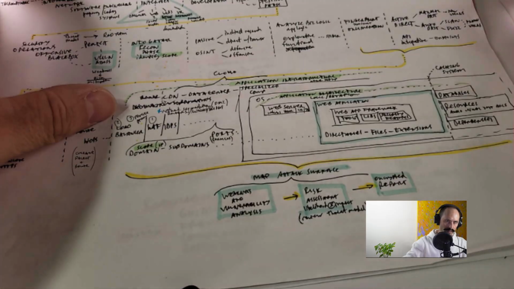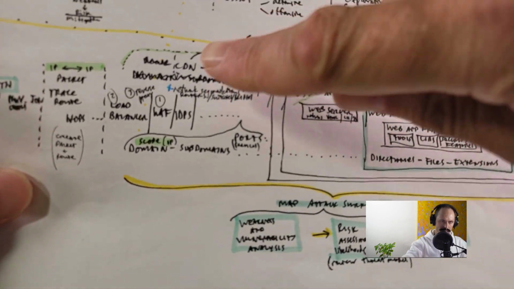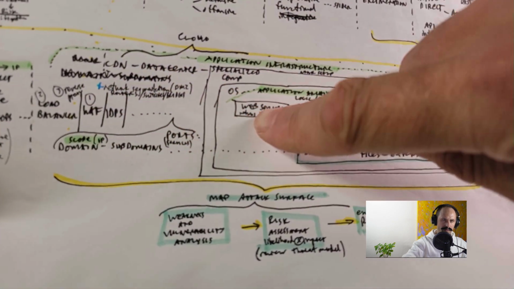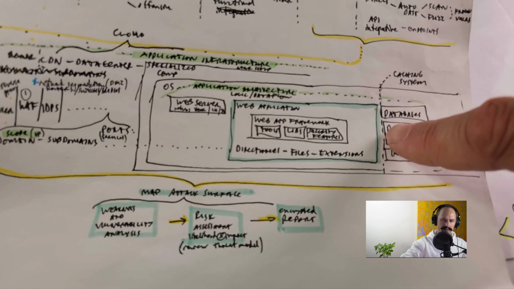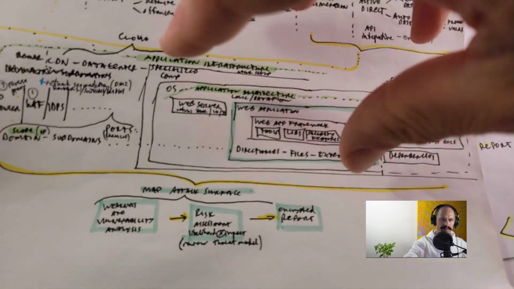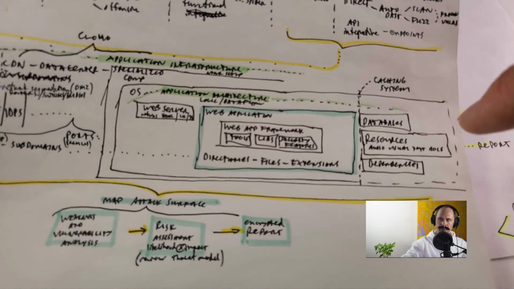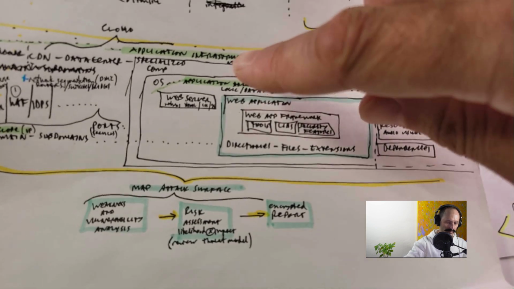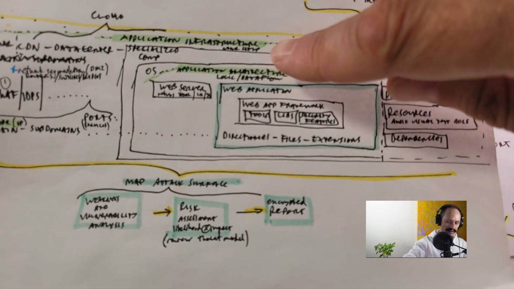This is what I was showing here, that you need to understand when you're entering a website from the point of view of recon or penetration test or just security vulnerability assessing. You need to understand the containers of how a website is built. There's a whole application architecture and an infrastructure.